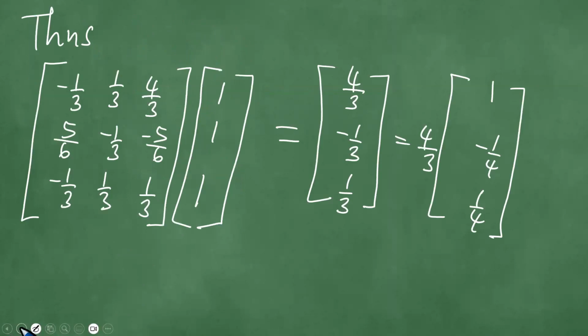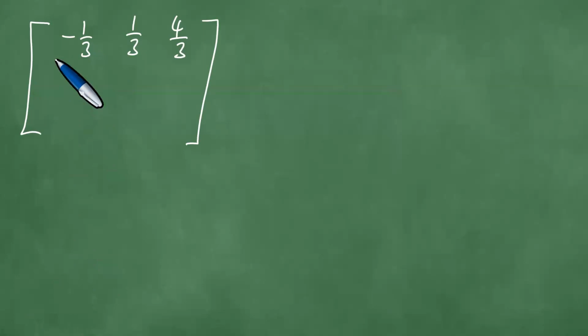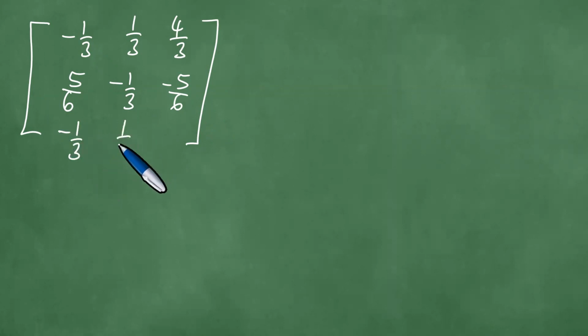Minus 5/6. Right, so we have this, and then we have 5/6 here. We have minus 1/3. We have minus 5 out of 6. We have minus 1/3, 1/3, 1/3.